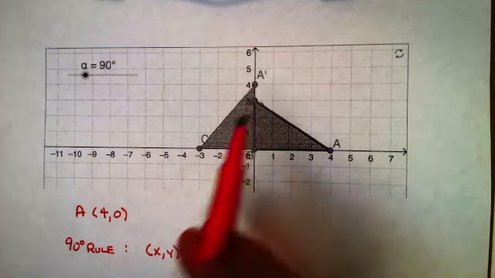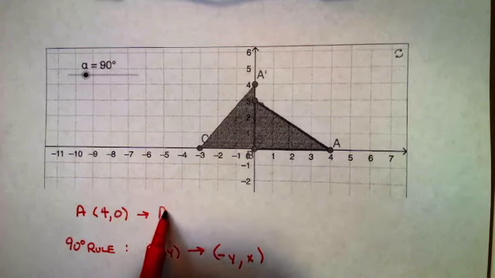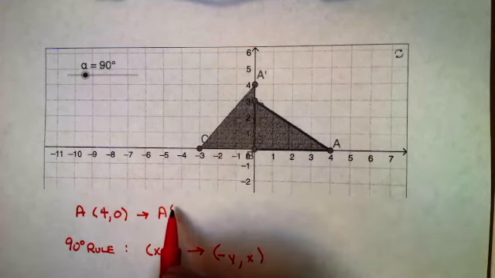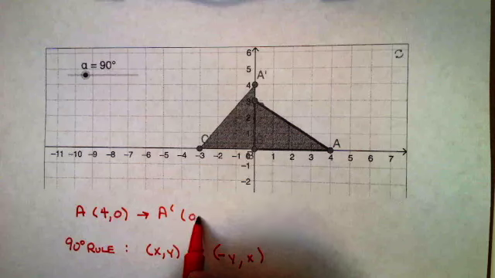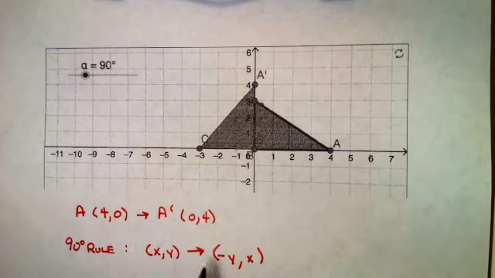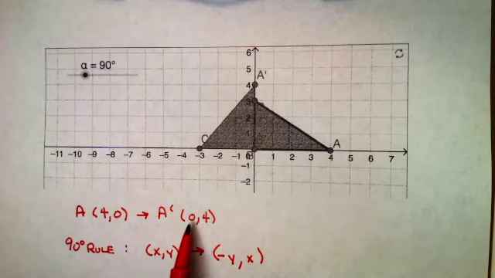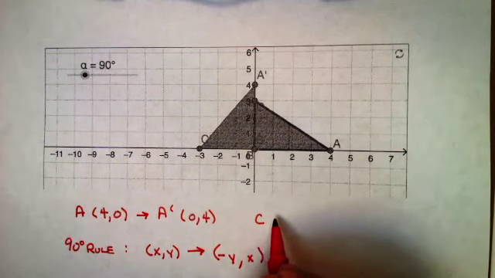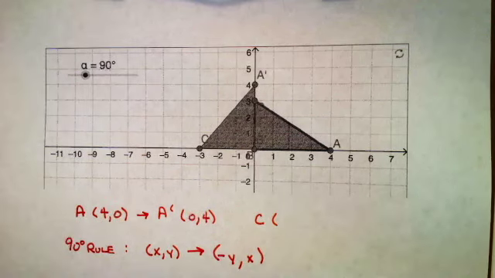What are the coordinates for this new A up here? Well, I don't go over any, and I go up 4. Let's see if it followed the rule. The X and the Y switch positions, and the reason there's no negative on this is because 0 is not positive or negative. Let's see if C worked out.